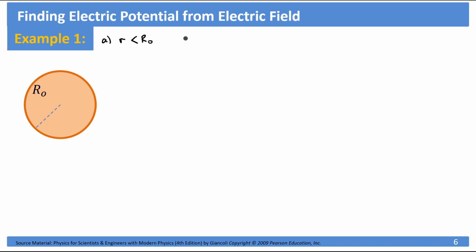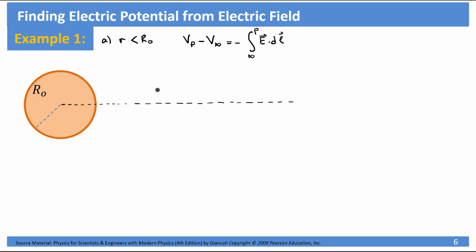Again, we're going to make use of the same approach here. So we're going to choose a point within the sphere, which I'm going to call point P. Vp minus V infinity is equal to minus the integral from infinity to point P of E dot dl. And just like what I did before, to make it simpler, I would like to move on a straight line.